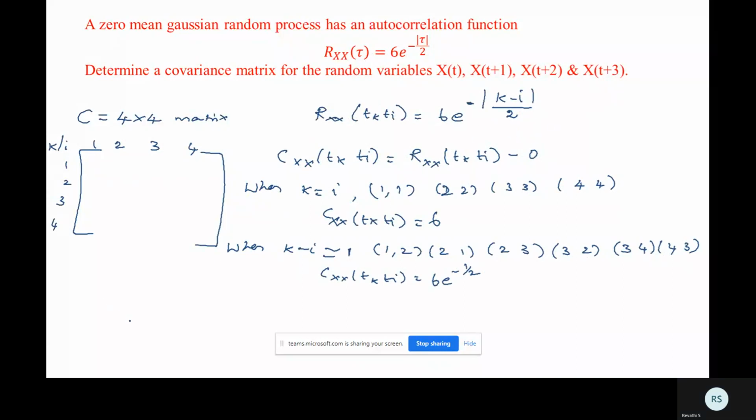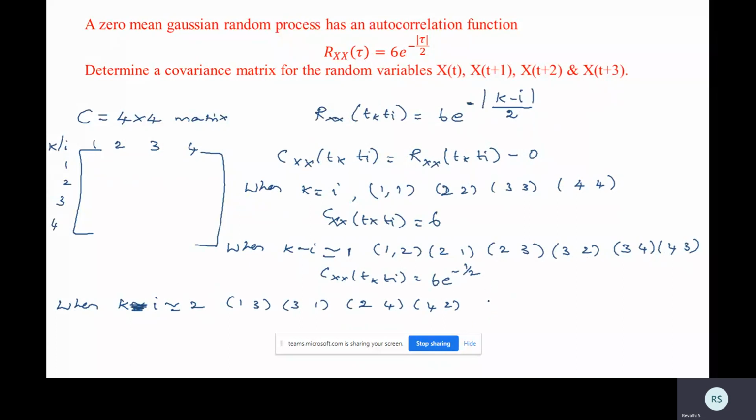What is the third thing? When k minus i difference is 2. How many instances will the difference be 2? K is 1, i is 3, or i is 3, k is 1. This is the first difference. Second difference is k is 2, i is 4, or i is 4, k is 2.